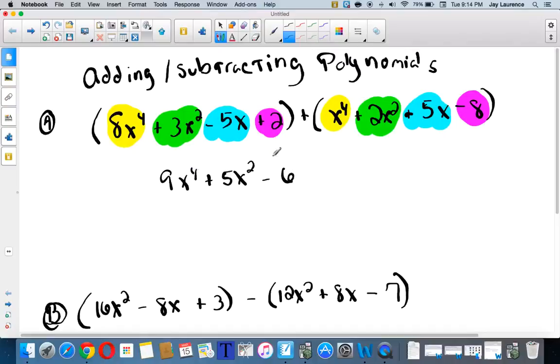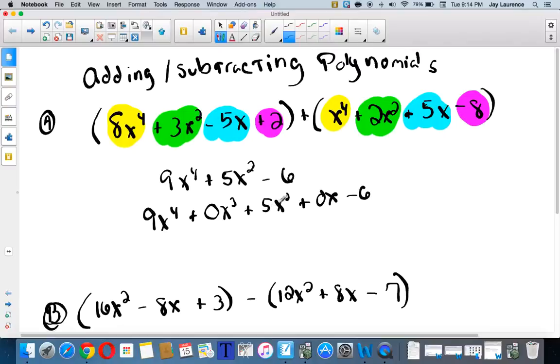It is written in descending order, but notice there's no x cubed term and there's no x to the first term. If you really wanted to, you could think about it like this: plus 0x cubed plus 5x squared plus 0x minus 6. Now I know Asim's going to ask, why don't I write it like that? Well, that's not the simplest form, and it doesn't become a polynomial.